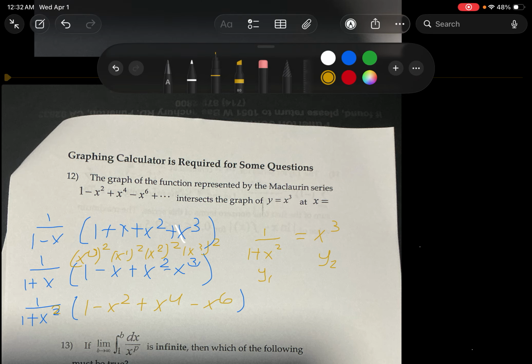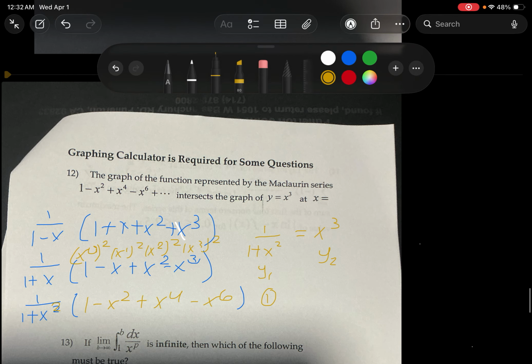Now click math, and then click math, go to solver. I learned this trick in AP Chem, which saves so much time. And then make sure that these two are subtracted from each other.